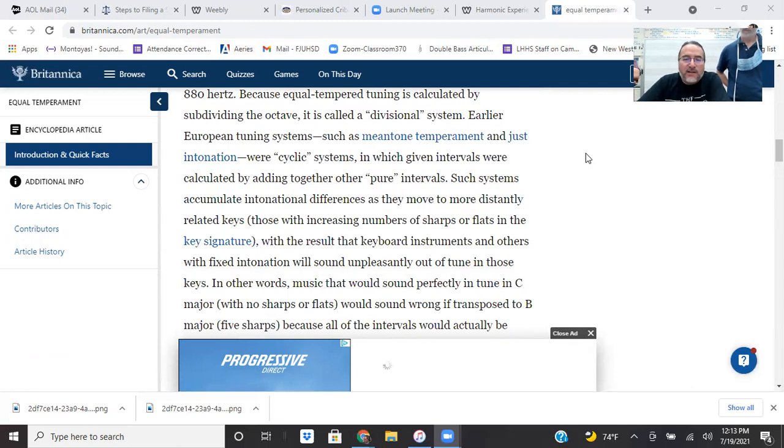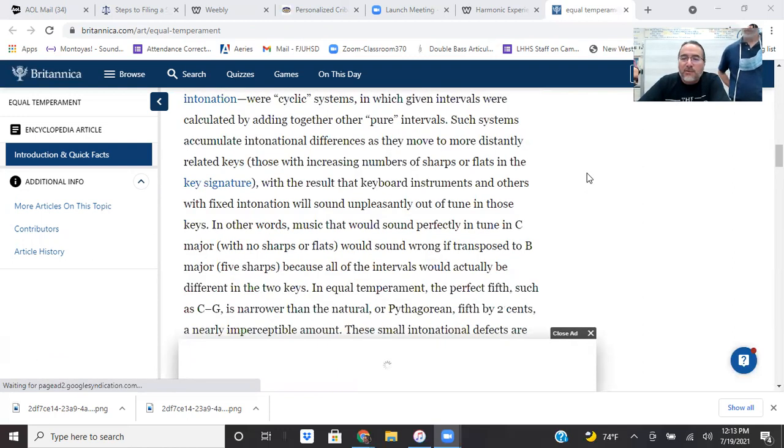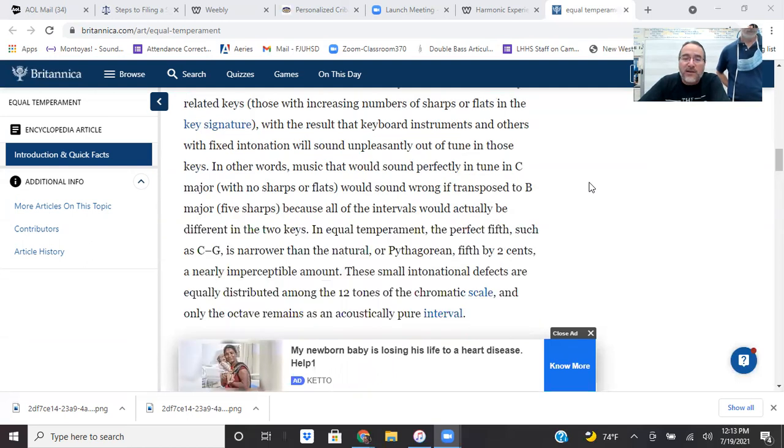"Such systems accumulate intonational differences as they move to more distantly related keys, those with increasing numbers of sharps and flats in the key signature, with the result that keyboard instruments and others with fixed intonation will sound unpleasantly out of tune in those keys." In other words, music that would sound perfectly in tune in C major with no sharps or flats would sound wrong if transposed to B major, five sharps, because all the intervals would actually be different in the two keys.